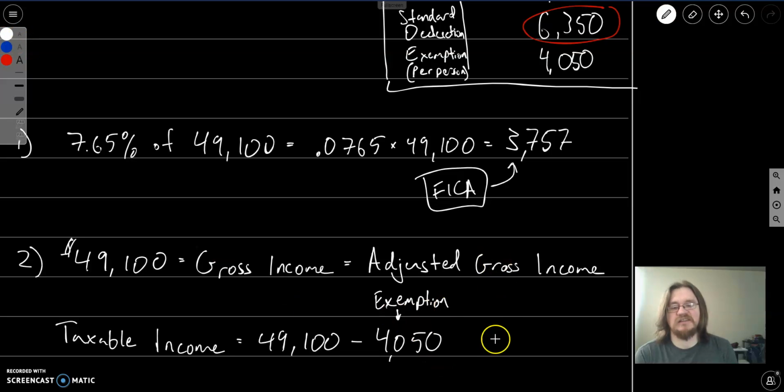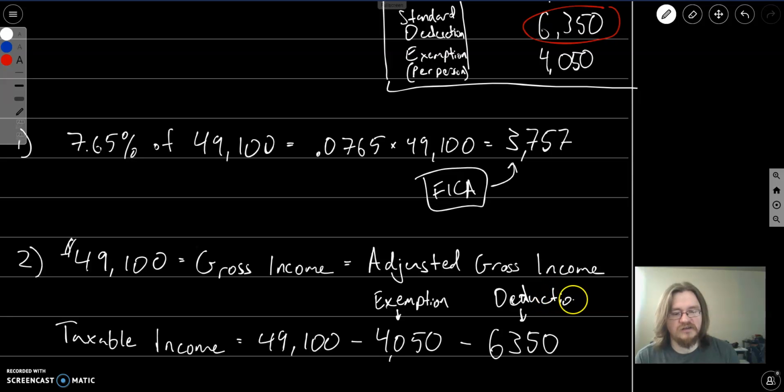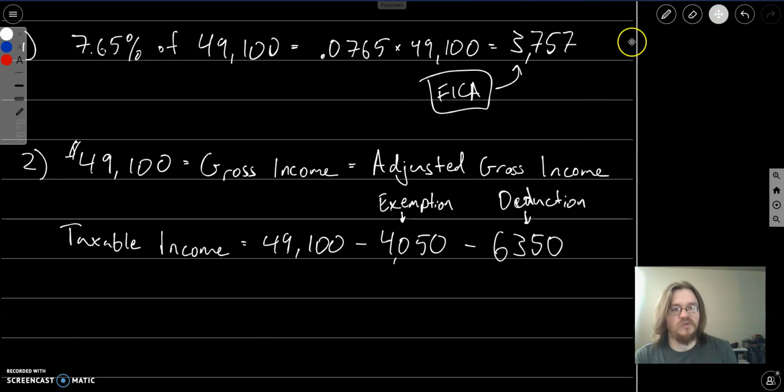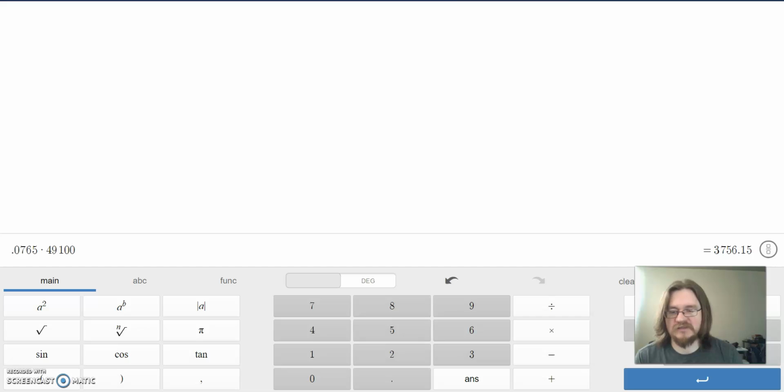So we want to deduct as much as we can from our taxes, so we want as big of a deduction as we can. So we'll choose the $6,350. And this is their deduction. Then we can find out just how much money they are going to be taxed on for their income tax.